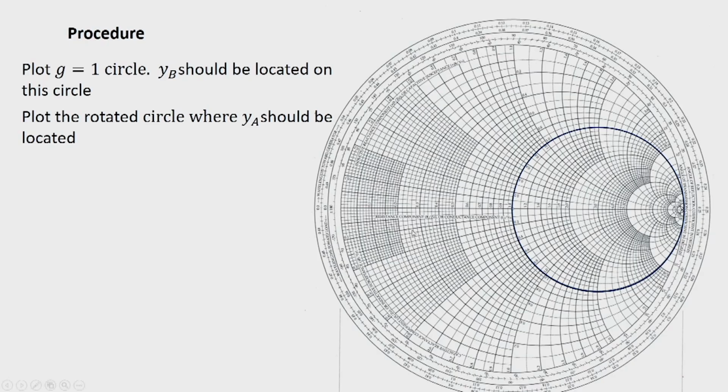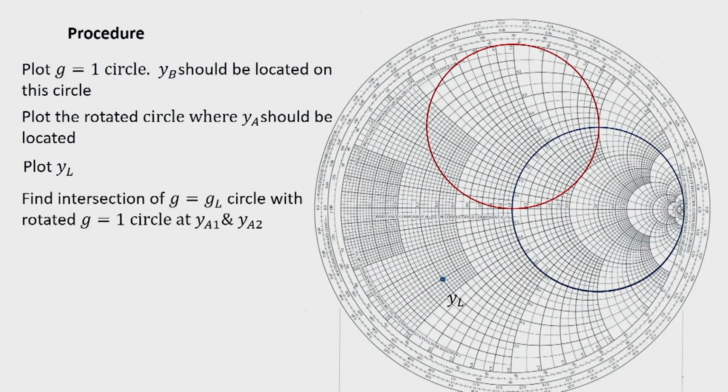Now, this rotated circle, we have seen that it is to be rotated counterclockwise by 4 pi d by lambda. Here we are considering an example where d is equal to lambda by 8. Therefore, this circle has been rotated by pi by 2. Next, what we do? We plot YL. So, this is the YL point shown.